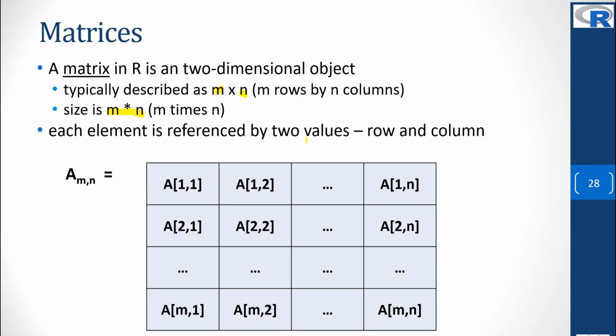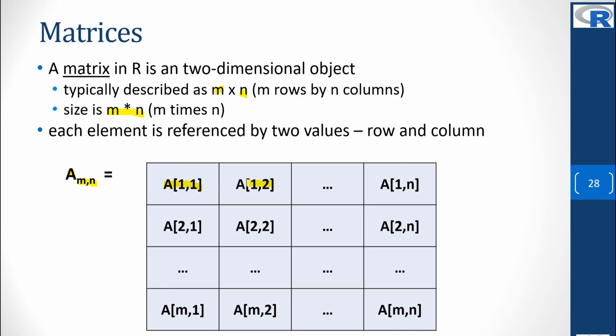In R, we can index each individual element with two values, the row and the column. And so if we have, for instance, a matrix named A, uppercase A, with the dimensions m by n, then the first element, remember we're using one base collections instead of zero, the first element in the matrix is A[1, 1] in square brackets.